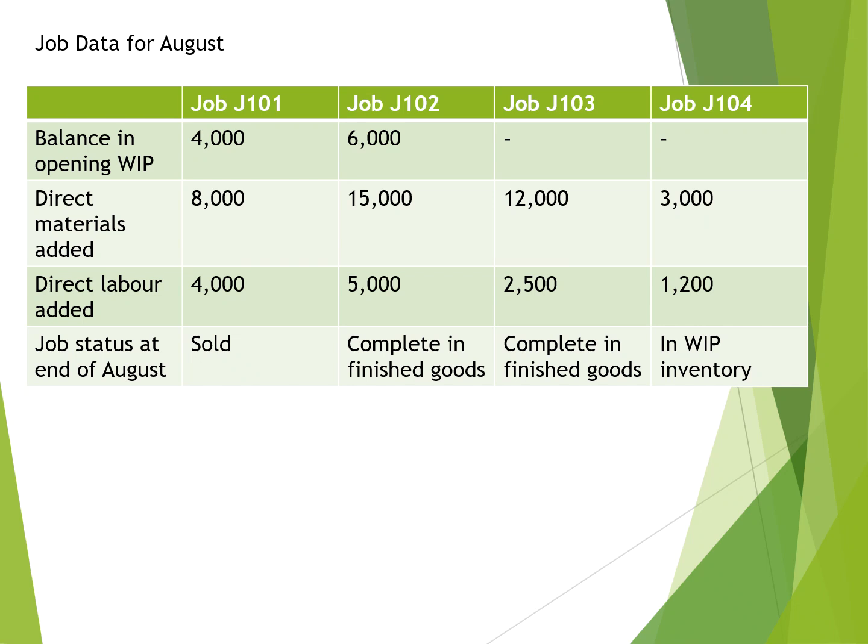During August, each job used some direct materials and direct labor, and at the end of the month, J101 is sold, J102 and J103 are completed and sitting in finished goods, and J104 is still in work in process. Their job status is really important later when we calculate ending work in process and COGM.